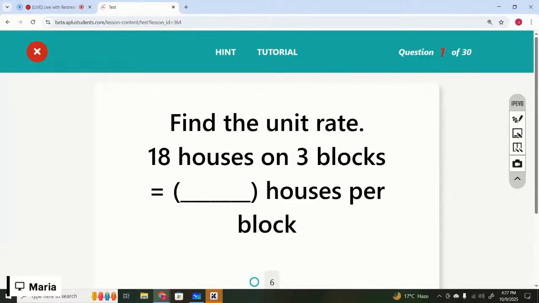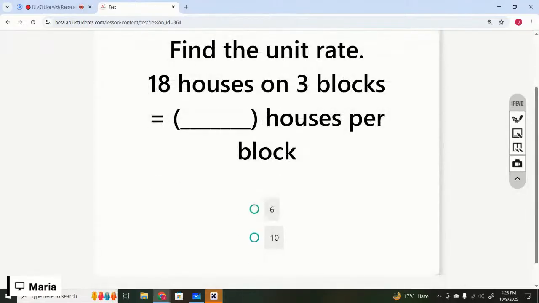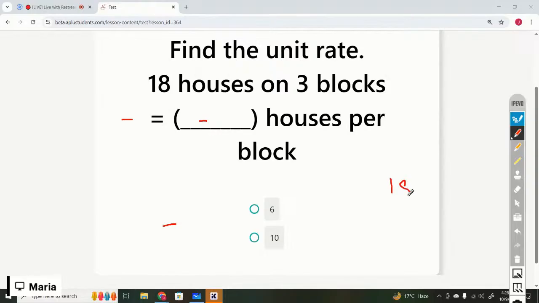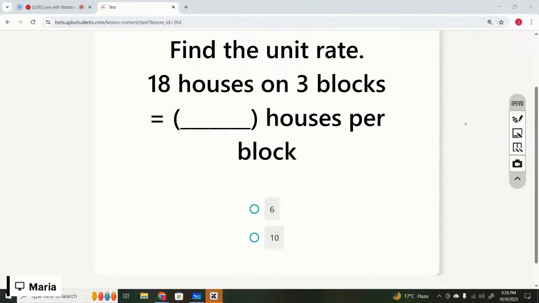So how many houses per block? So 18 houses on 3 blocks. You need to find how many houses on one block. So you need to divide 18 by 3. So 3 times 6 is 18. So the correct option is 6. Option number 1 is 18 divided by 3 is 6. So the correct option is option number 1.